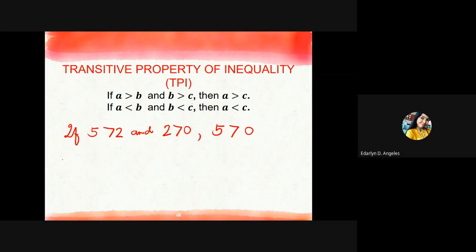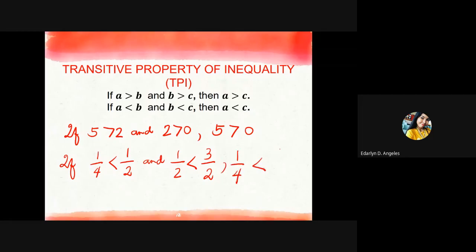For the other example, if we have 1/4 is less than 1/2, and 1/2, or our B, is less than 3/2, or 1 and 1/2, right? Then 1/4 is of course less than 3/2, or 1 and 1/2. Therefore, we have proven that this one is true.